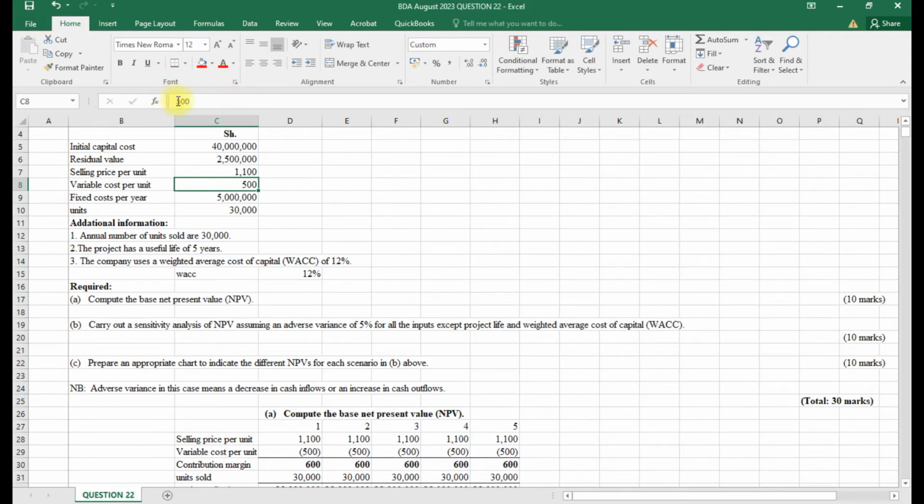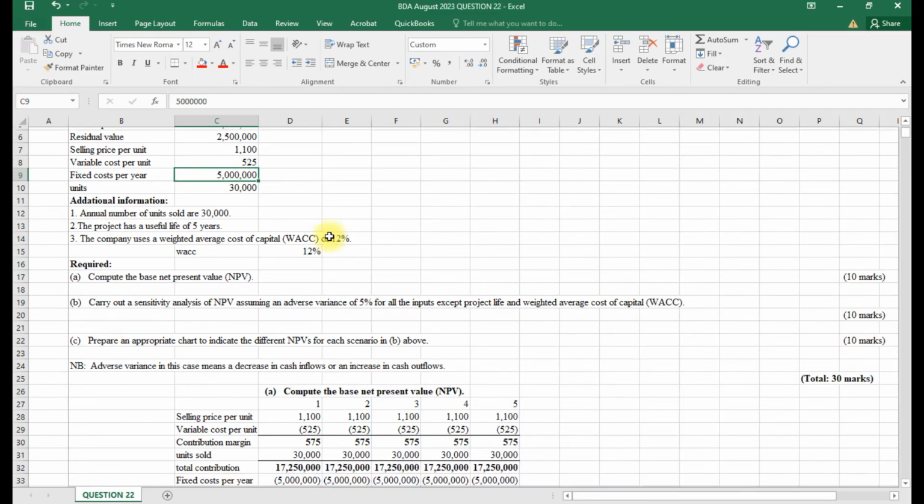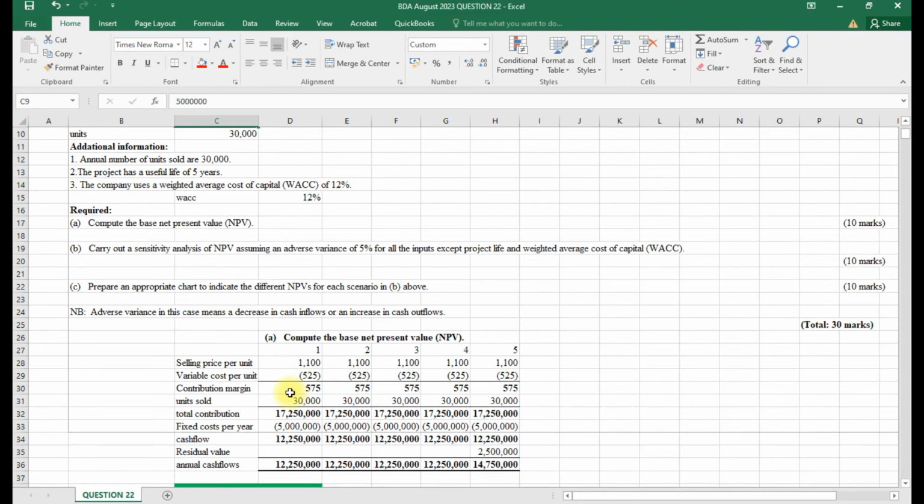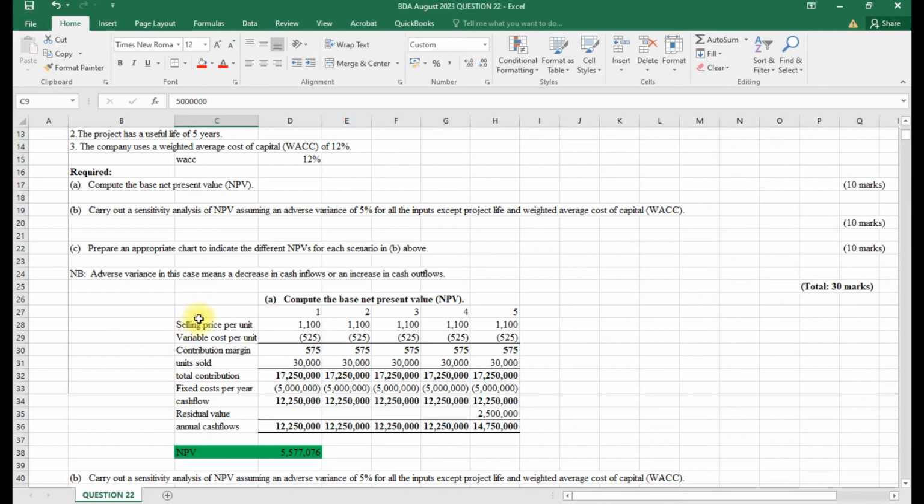For variable cost, we first put an equal sign here, and it will increase by 1.05, because it's 5%. I enter, and you'll find that it will change my variable cost in this case, and our NPV will also change.